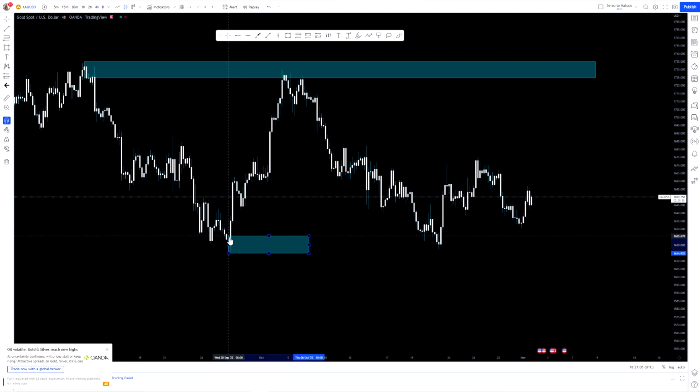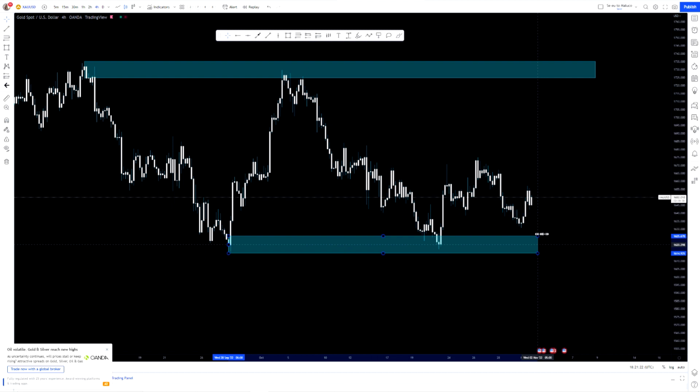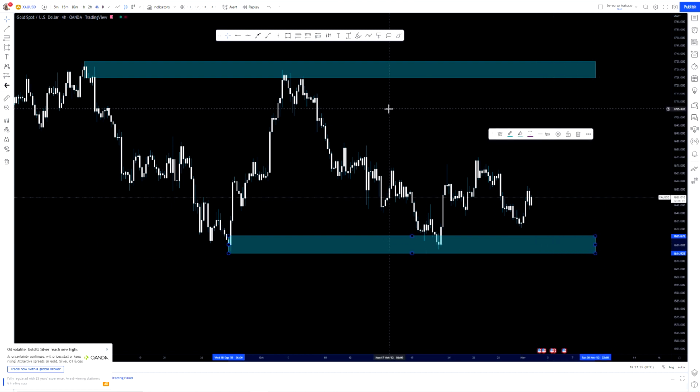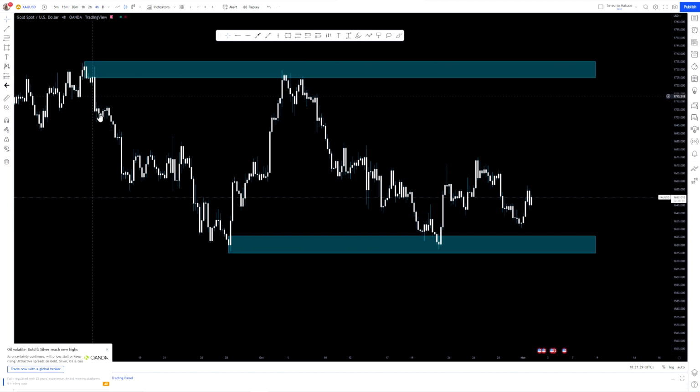I do this because I like to trade with a small stop loss and high profit, with a high risk reward ratio. So we are seeing that the price comes from here, goes down here, and here we can put the zone.